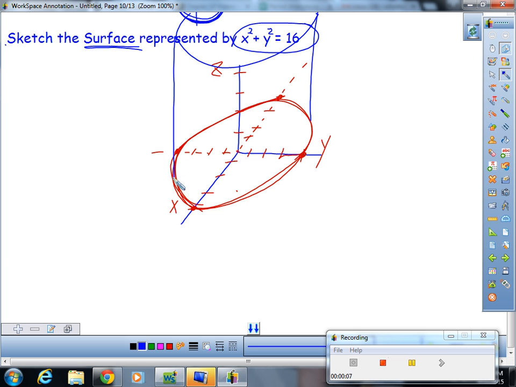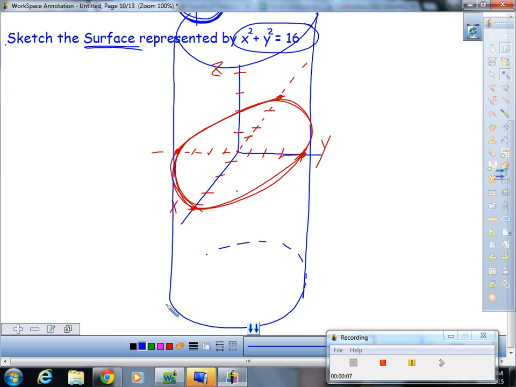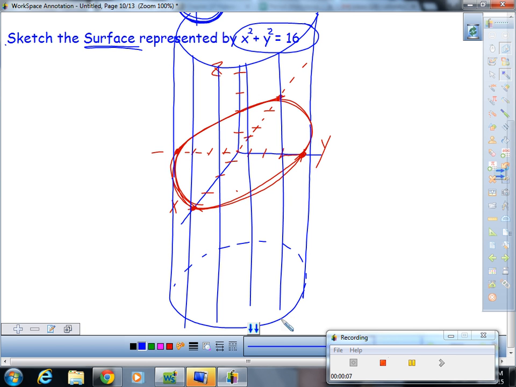Now, it also goes down forever in the negative z direction. Okay? So notice that when we're graphing this equation, the lines that are not in the plane look like this. Those are called the rulings. Okay? Those are the rulings. And they are parallel to the z-axis, and this equation does not contain a z.